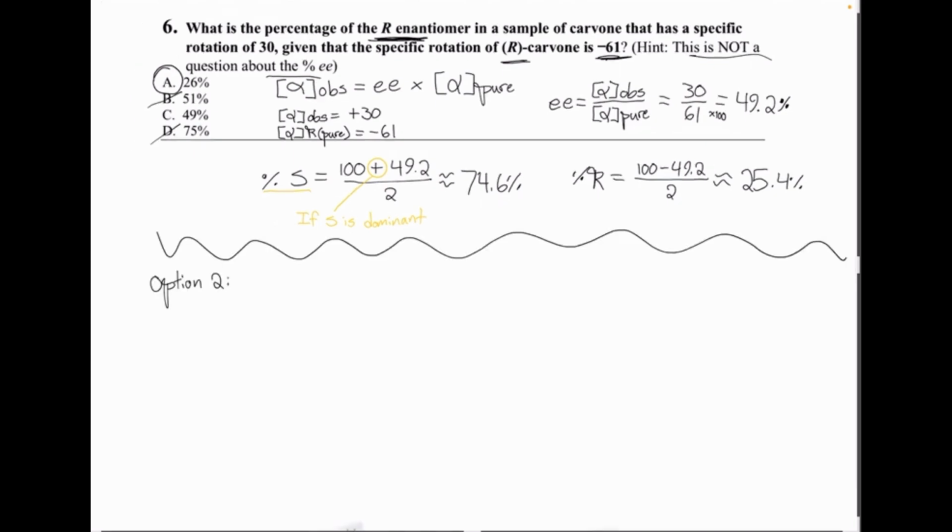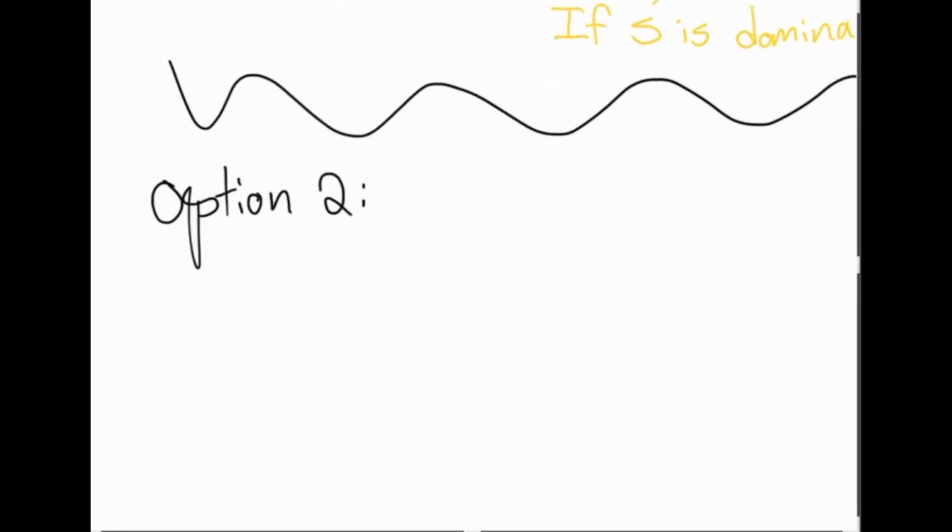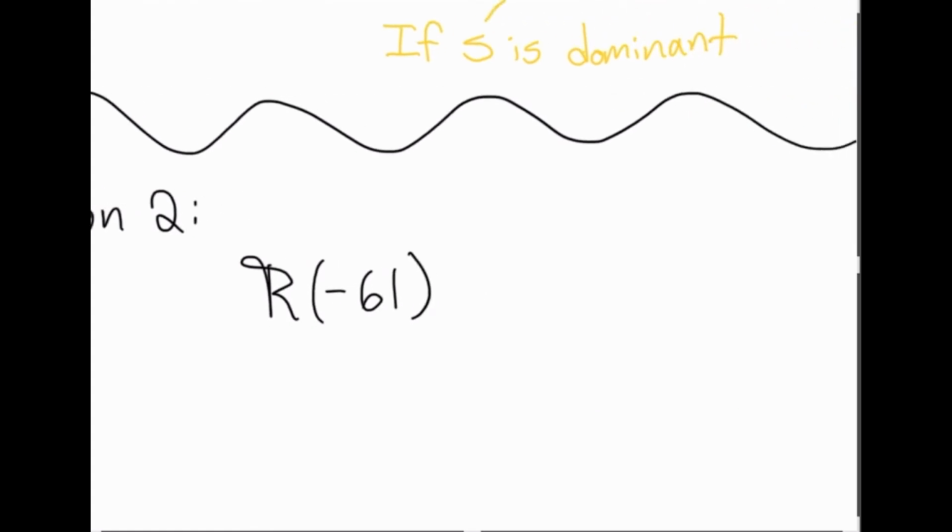Let's move on to option 2, which is a little bit more mathematical, but it will get us the same exact answer, maybe a little different in the last significant figure. Let's do R is negative 61, plus our S value.